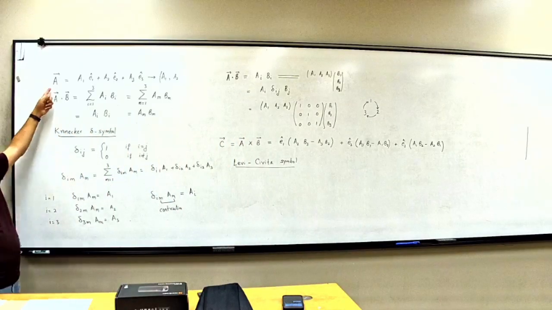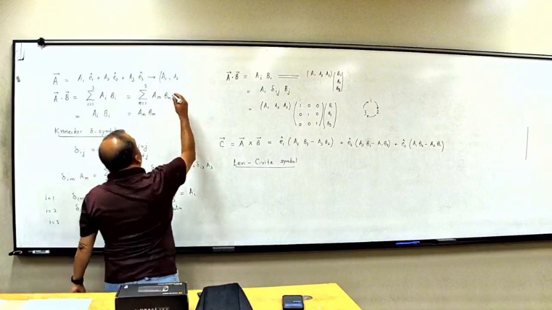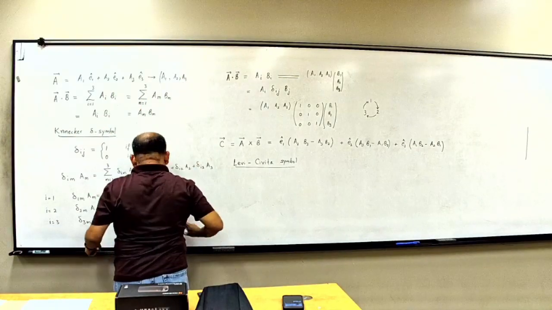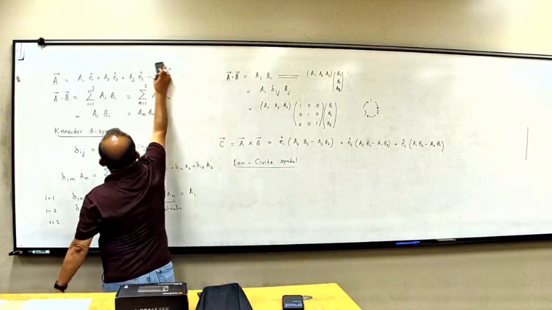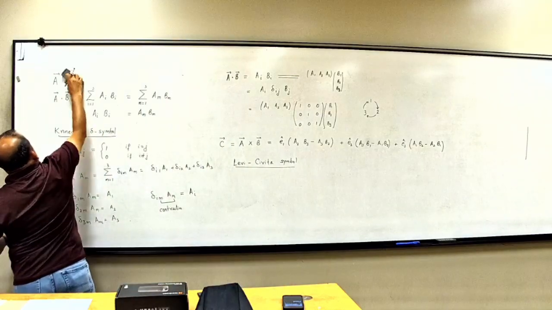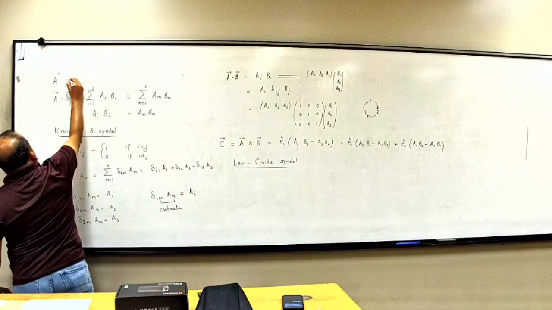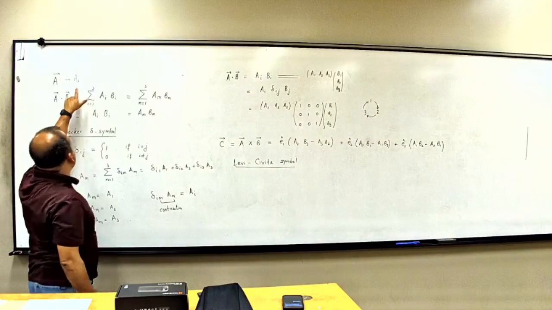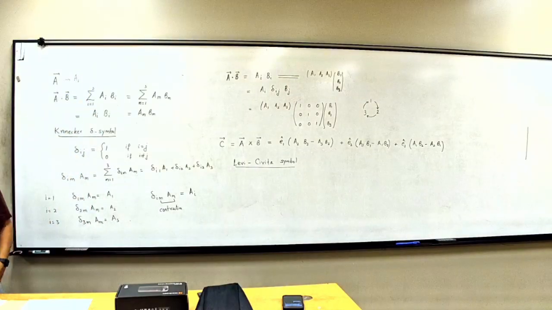When we think of a vector, oh, I erased it. When we have a vector, we are talking about a single index, right, or a free index. A vector has 3 components, so you think of it as having 1 free index.